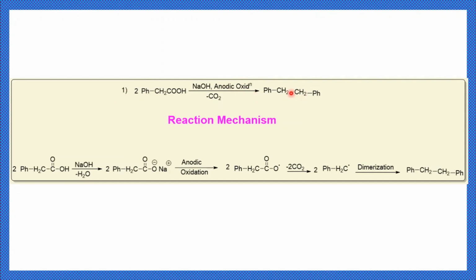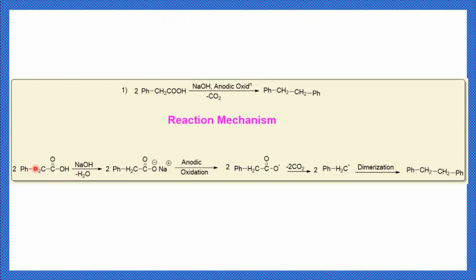You will get 1,2-diphenylethane. So you can simply prepare this 1,2-diphenylethane by this Kolbe electrochemical decarboxylation reaction by simply decarboxylating it, followed by the dimerization. You get this 1,2-diphenylethane, and the reaction mechanism is very simple.